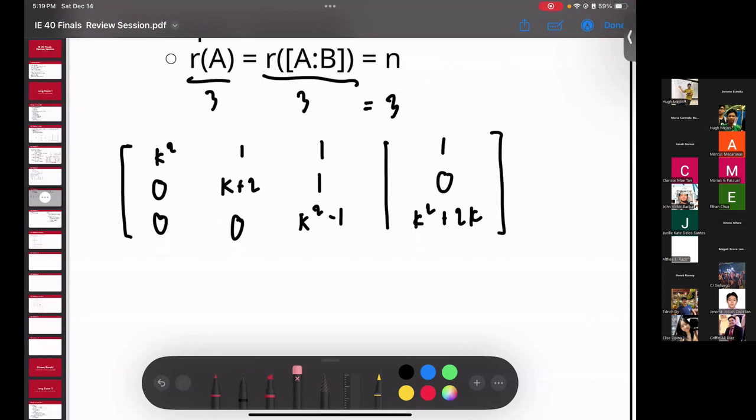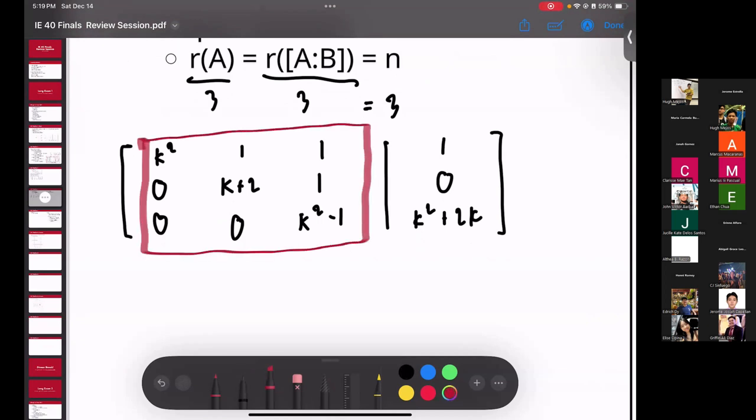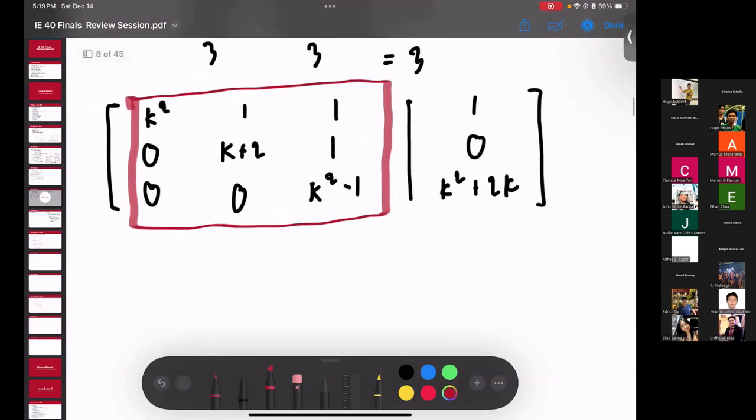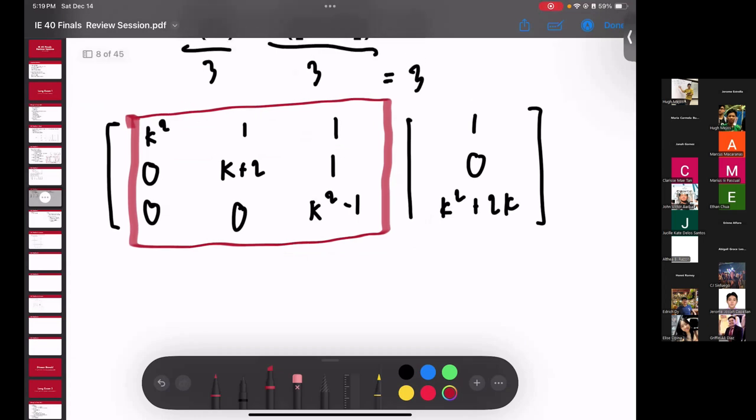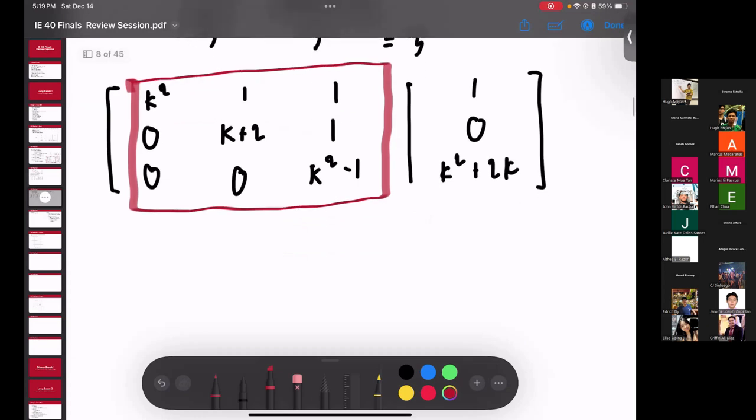So what this means is since we want a rank of 3, we want this entire submatrix because, oh yeah, one thing, in case it comes out in a true or false part or whatever: a matrix is a submatrix of itself. So yeah, we want this entire thing because this has order 3 square matrix. We want this to have a non-zero determinant.